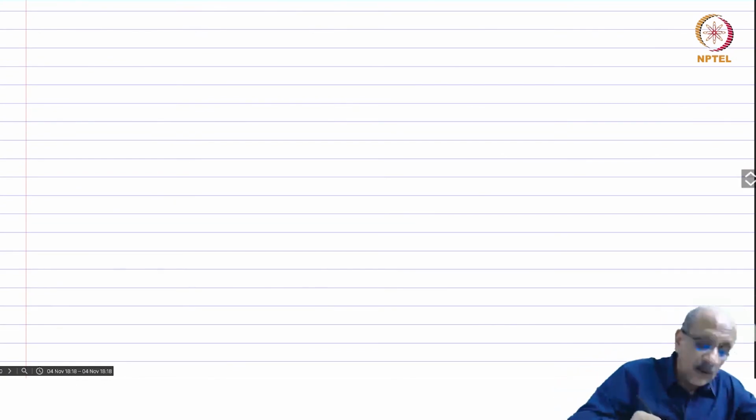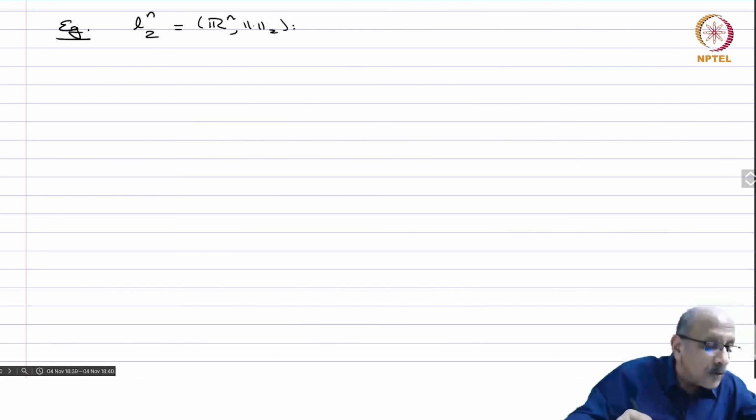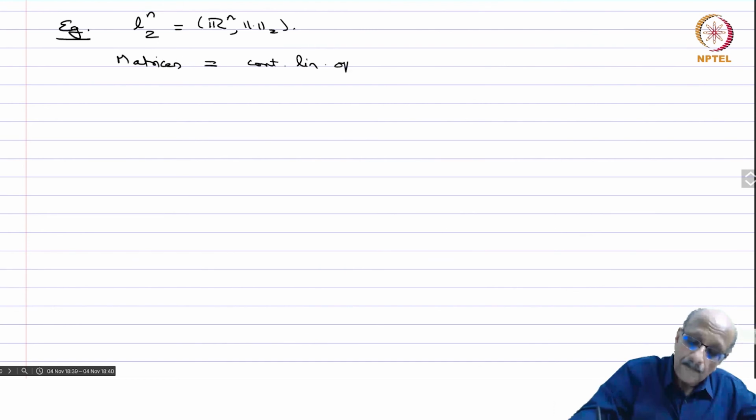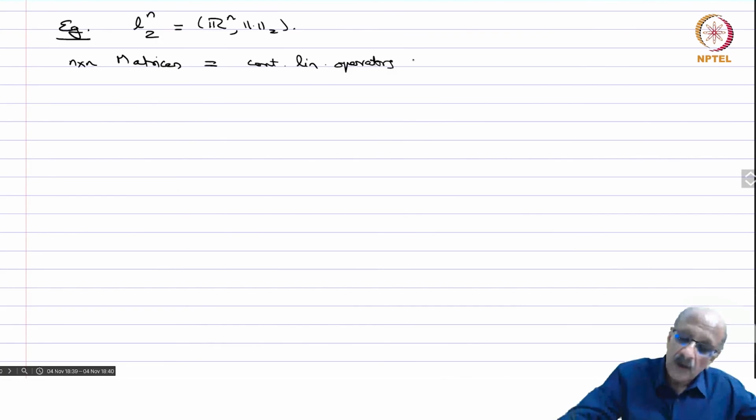Okay, so example, let us take l n 2. So recall this is R n with the norm 2. If you have matrices, then matrices are the same as continuous linear transformations, n by n matrices on l n 2.